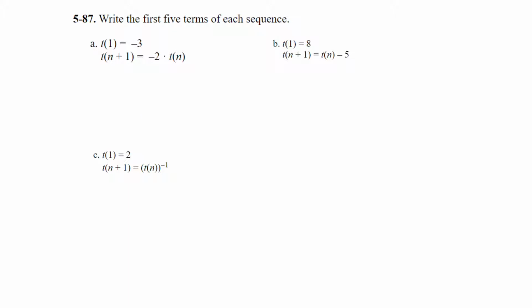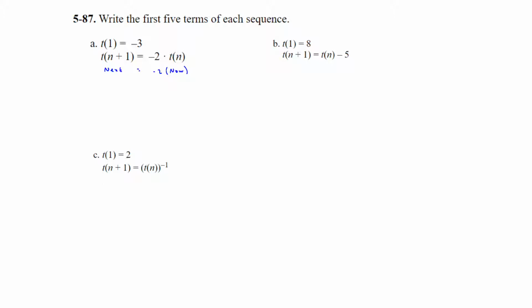Question 87, write the first 5 terms of each sequence. So on part A, you can see that this is what we call the next term. That's the term we're trying to find. This is the now term, or the term that we know, and then times -2. So it's -2 times the term that we know.